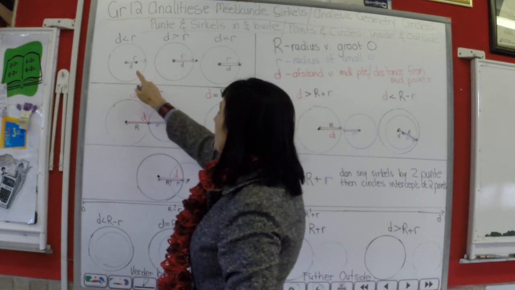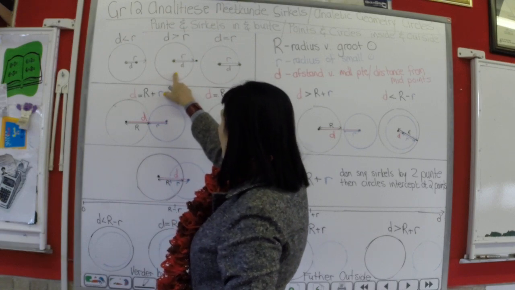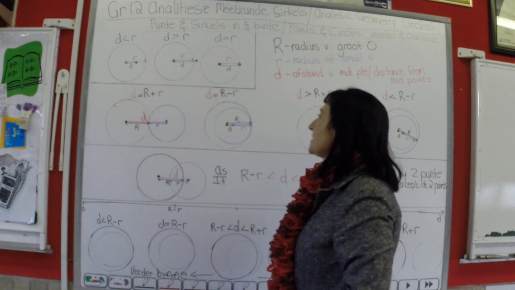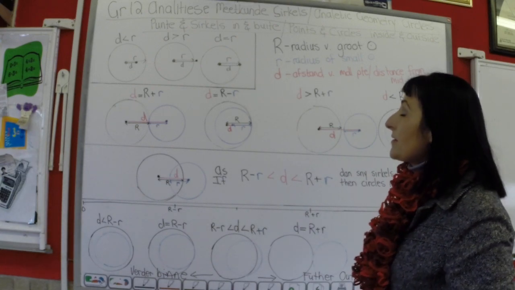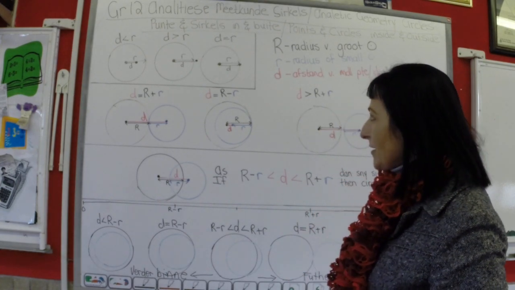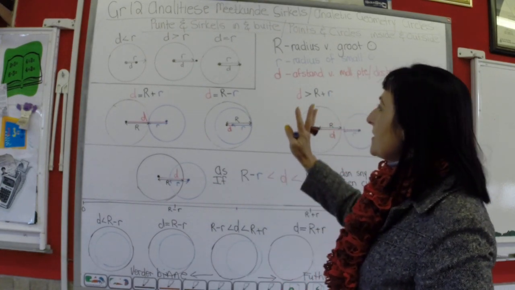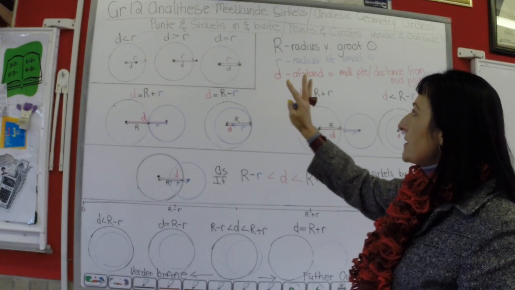So as die afstand kleiner is as r, binne-in, distance greater than r on the outside, and distance equals r, it means that this is the radius and the distance between the 2 points are equal to each other. Voordat ons verder gaan, dit is nou die verhouding tussen punte en cirkels.